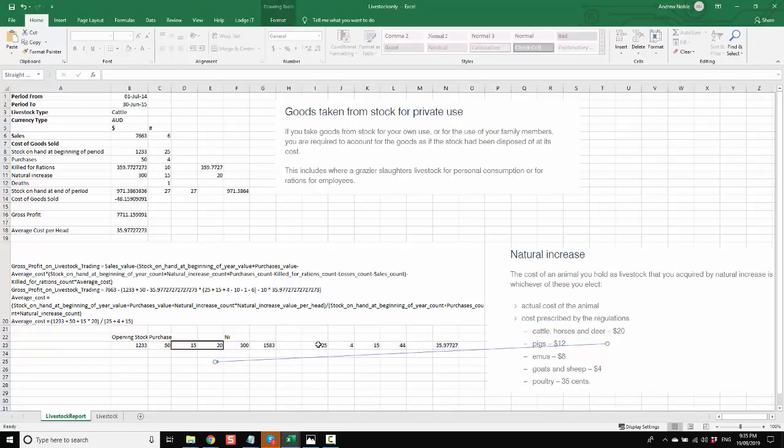And then over here we've got our 25, we've got our 4, we've got our 15, and if we sum those up, we've got 44, and we then just simply divide that by that. We've got our average cost.